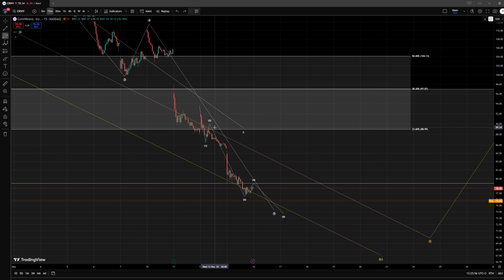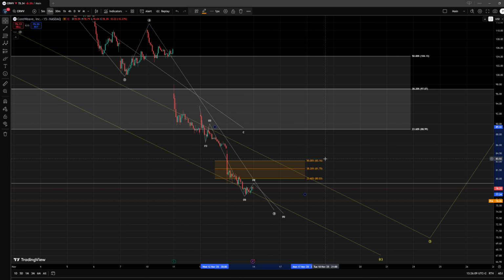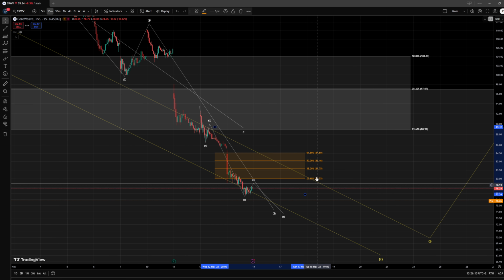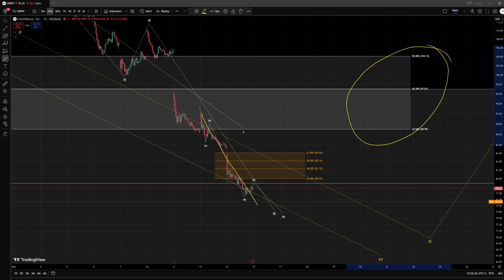That is why I would also like to track an internal area of resistance at these levels, as an indication that this internal wave 5 is coming to a stop. I will be watching for resistance at the levels between $80 all the way up to $84.6. A break here would be a signal that this pattern is likely done and that we are heading into the larger area of resistance.